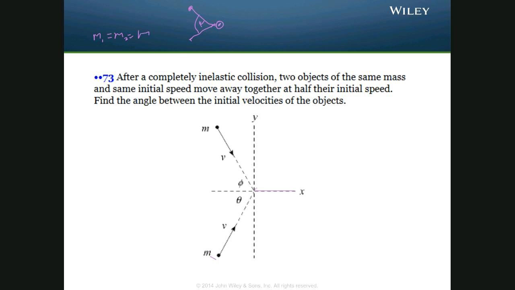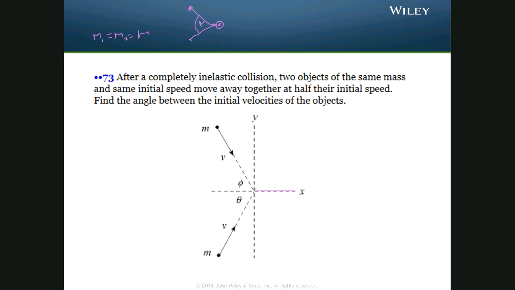And now we have our drawing, although we should really have V1 and V2 here as well. But you'll notice it says the two objects have the same mass and the same initial speed. So we know that we can take away these subscripts now. Okay.